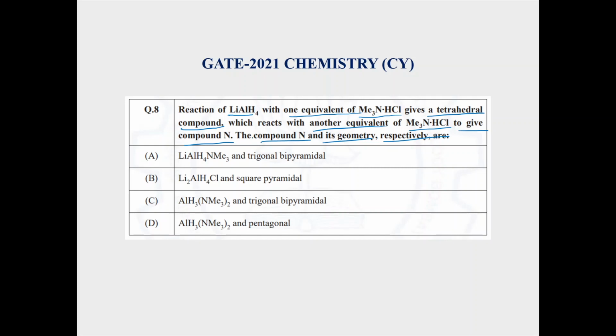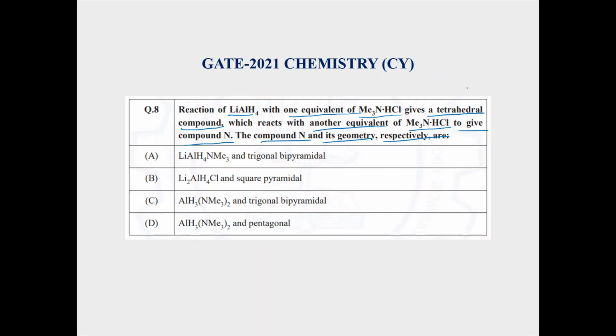So first of all, the reaction happening is LiAlH4 plus NMe3·HCl. At first, whatever is forming, let's say that's compound A, it has a tetrahedral geometry. It is given in the question, right?